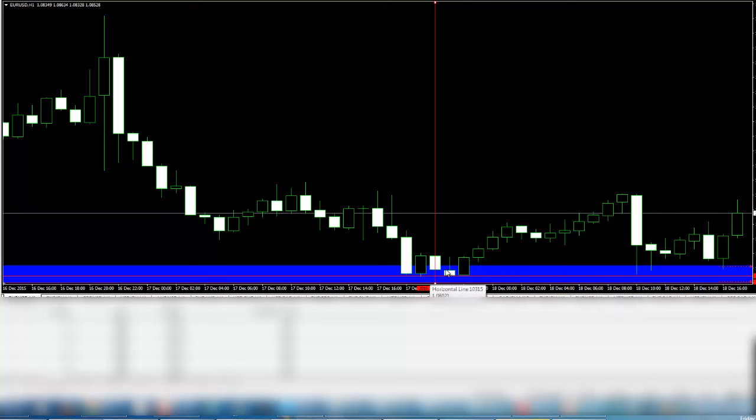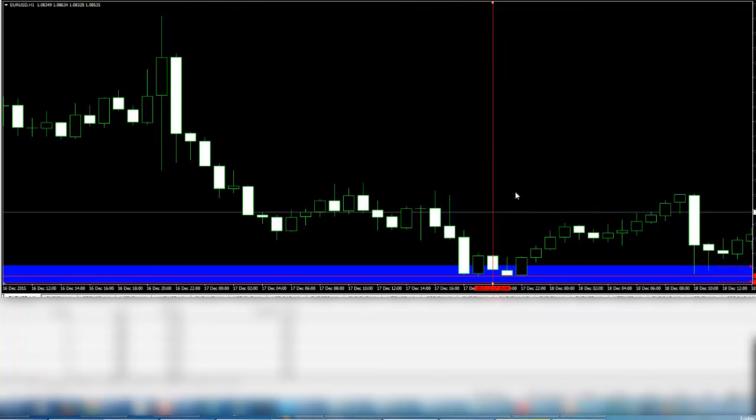It didn't break, didn't break, didn't break, and then it shot off. So that becomes a very strong line you can take your trades off of. But you're able to determine that line because you've seen how price is reacting within the zone. So you can use the two together and come up with that.